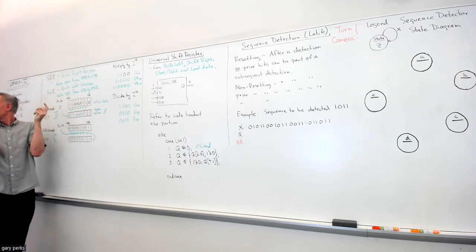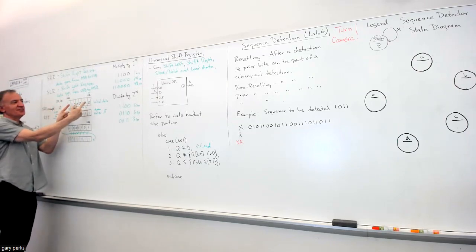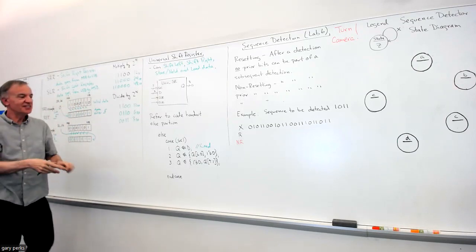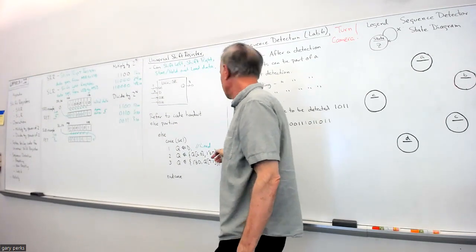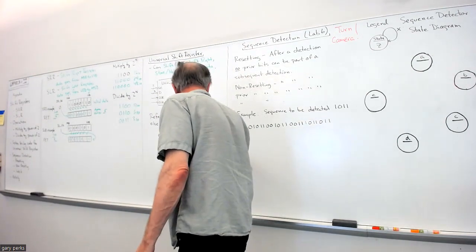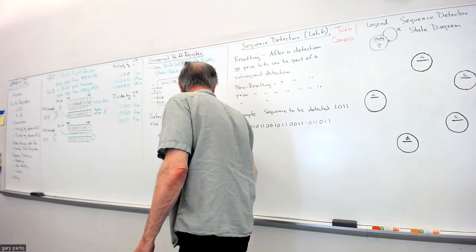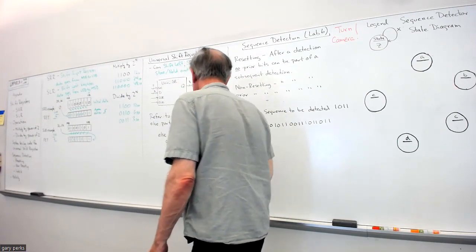It's going to shift, right? Which direction is it shifting? It's shifting left. So you see, this is how in SystemVerilog you do a shift left. You do a shift left by using the concatenation.